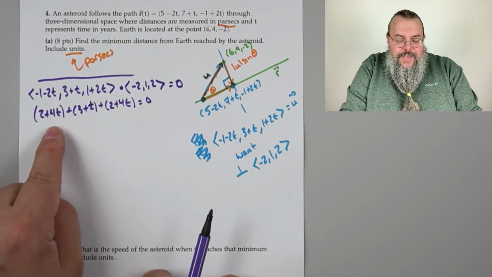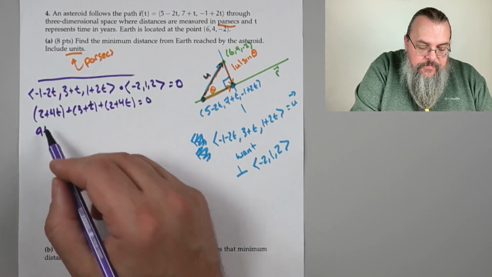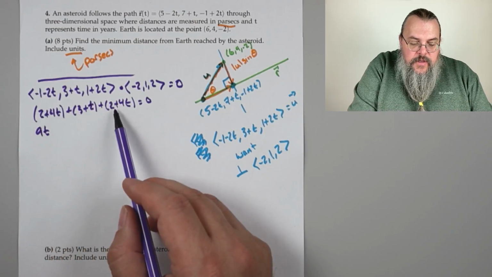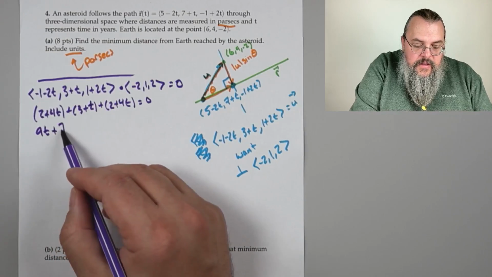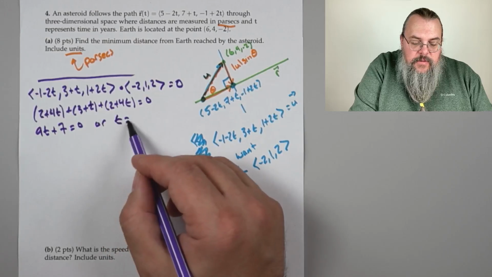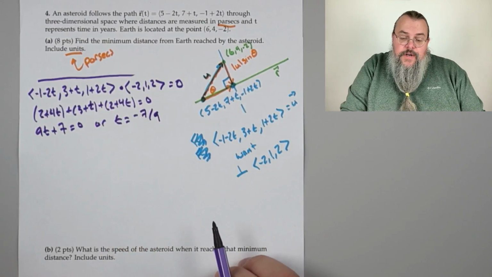So 4t plus 4t makes 9t. 2 and 3 and 2 makes +7 equals 0. Or, if you like, t equals -7/9. That's a weird number, but that's all right.